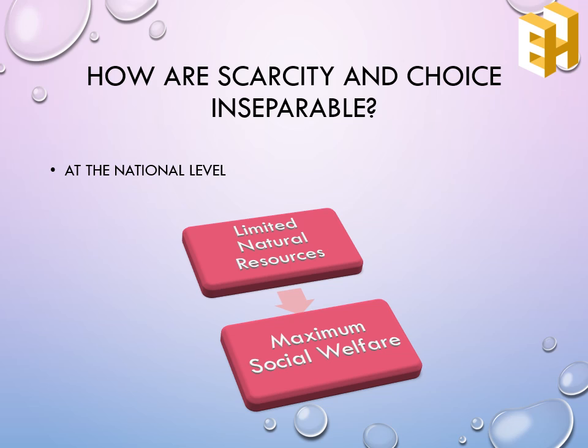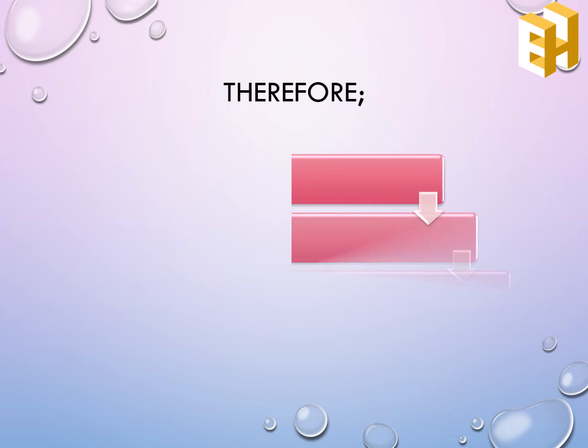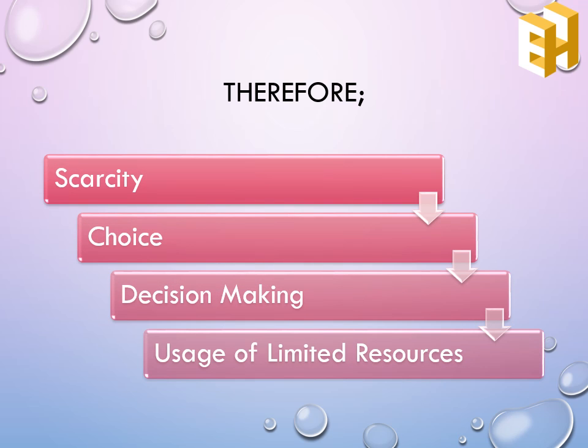So these natural resources are to be used in such a manner that the social welfare is maximized. Therefore, to summarize, scarcity leads to choice, which implies the process of decision making, which is further related to the utilization of limited resources in such a way that maximizes satisfaction, profits, and social welfare.